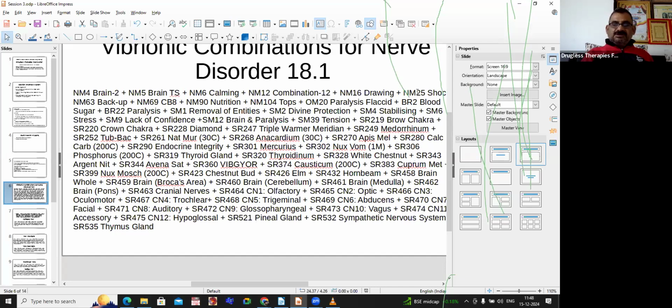Let us see mixture number 90. It covers all amino acids and potentized vitamins. That is all covered in mixture number 90. And NM 104 covers dementia, memory and brain.